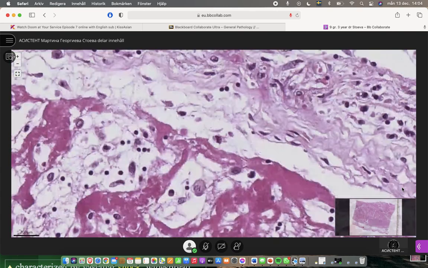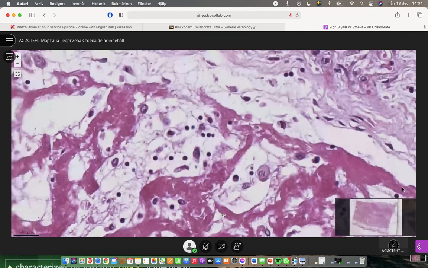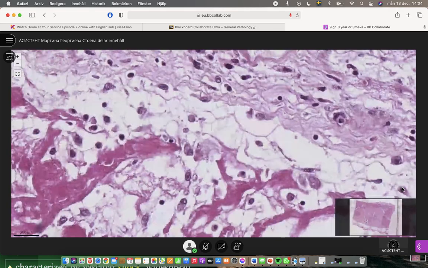But here, I would confirm that most of the cells are mononuclear but not neutrophils. Here and there we can find some neutrophils, but they are not that many as they should be.